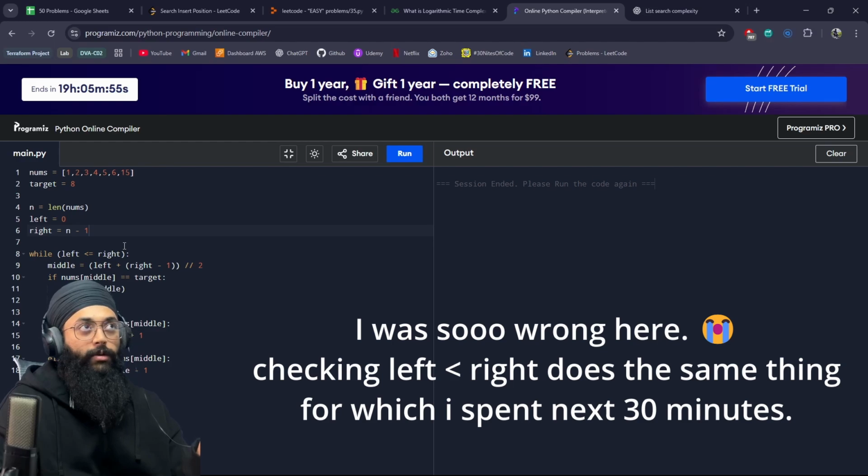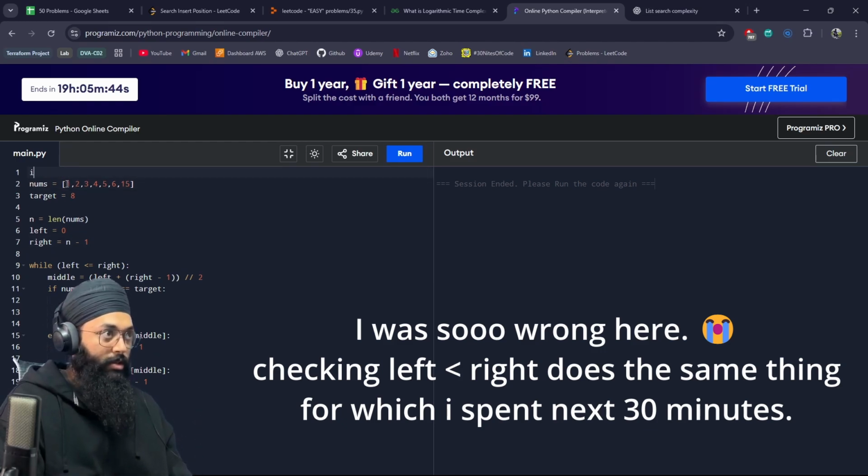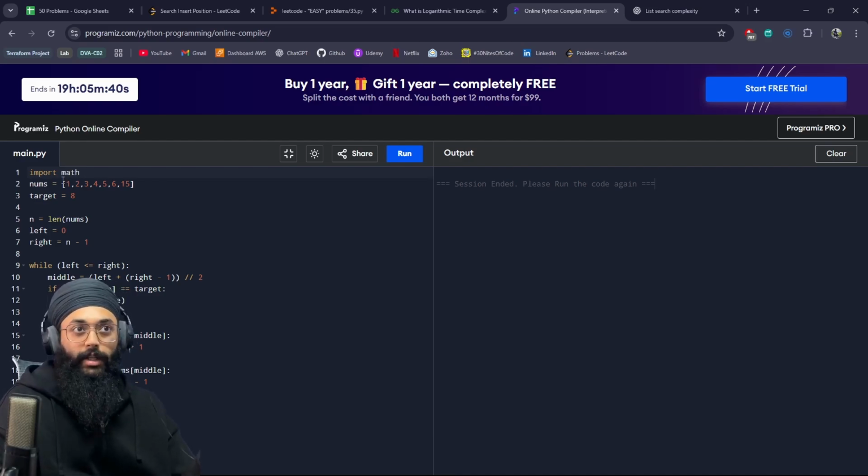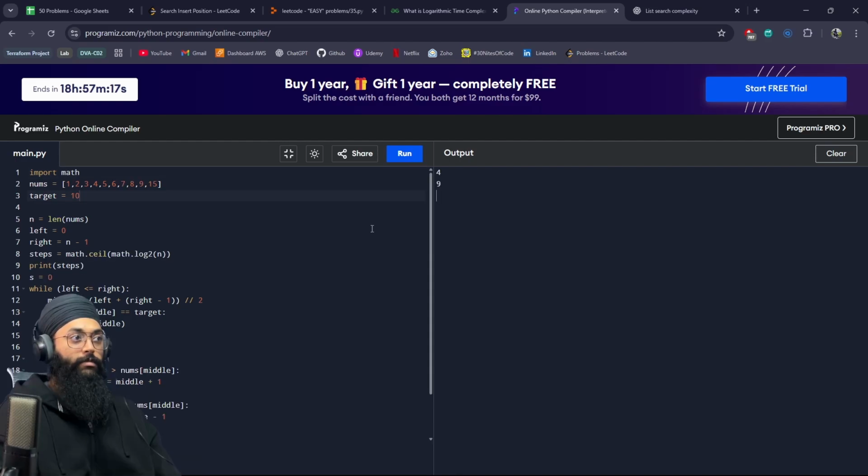Then we'll figure out if we need +1 or -1 from there. So right now, the easiest way is to import math. I used ChatGPT to find out the easiest way to find the maximum number of times I can split a length of numbers.